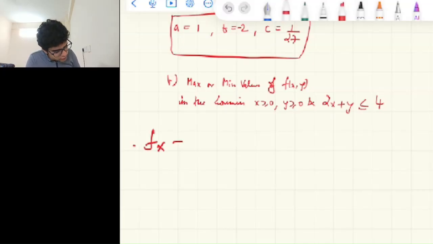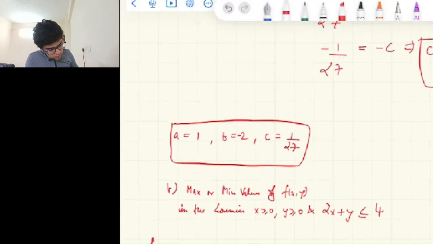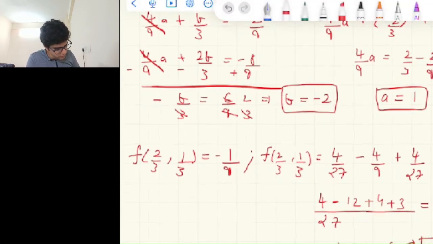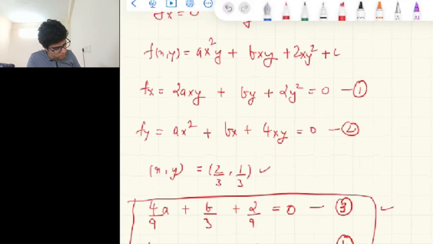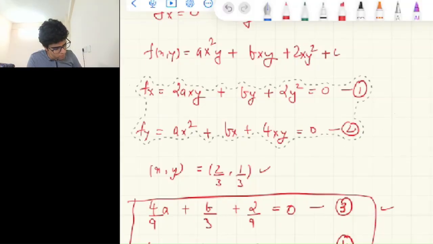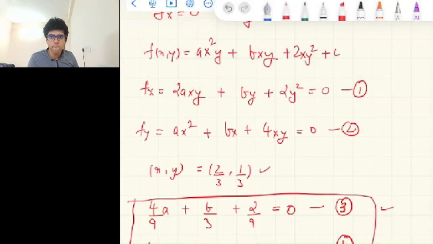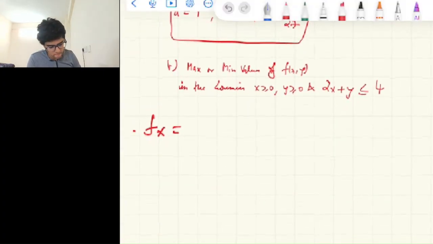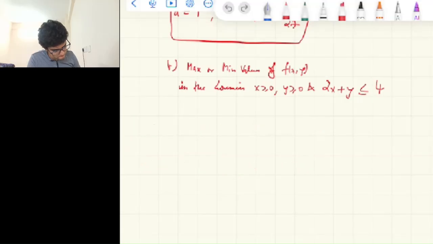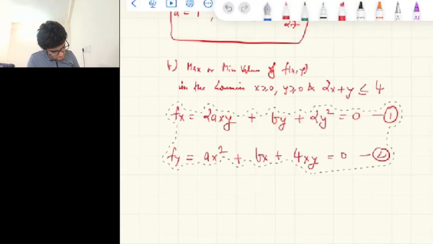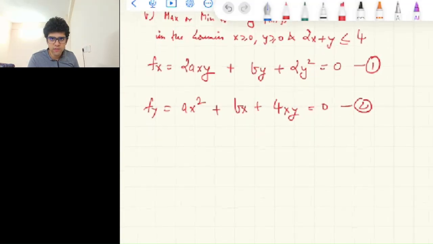So we already had the equations of fx and fy, right? So f of x was, let me just copy this. So this was my fx and fy.